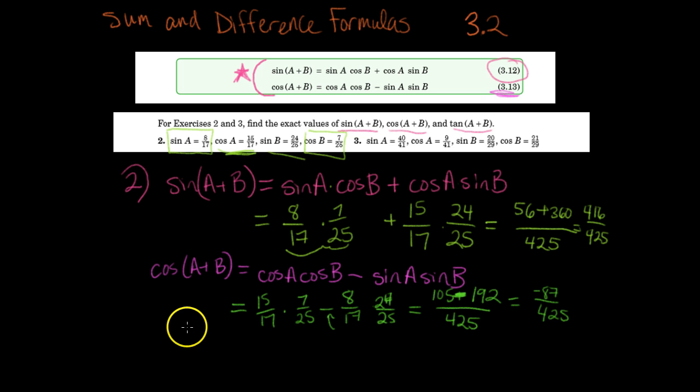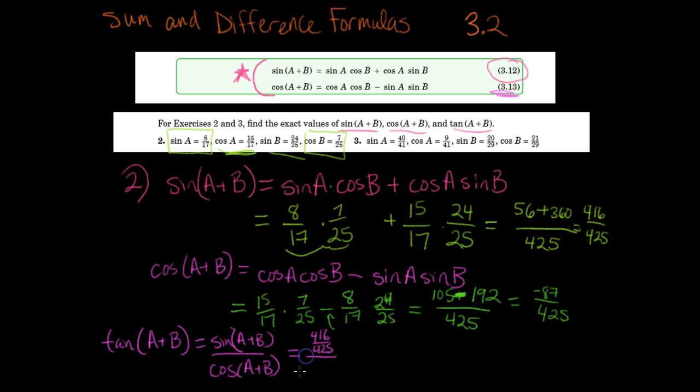Okay, so for tangent of A plus B, I'm going to use that special identity that we used in 3.1, that the tangent is the ratio of sine of A plus B over cosine of A plus B. And I found that sine of A plus B is 416 over 425, over negative 87 over 425.